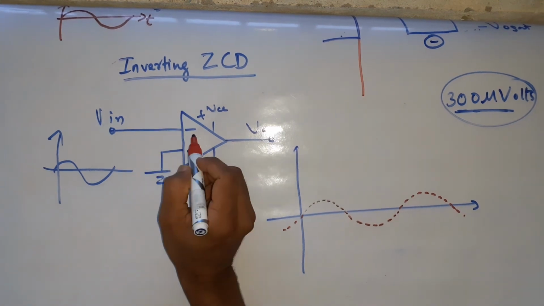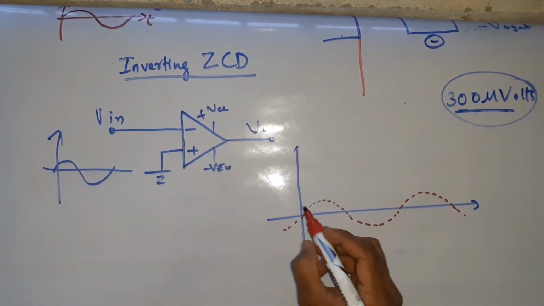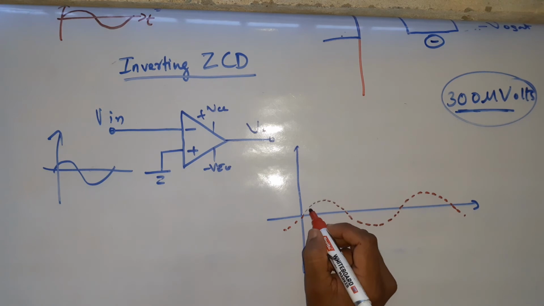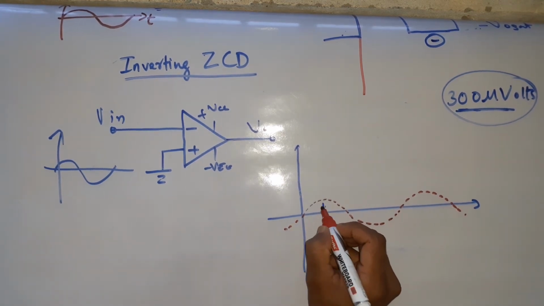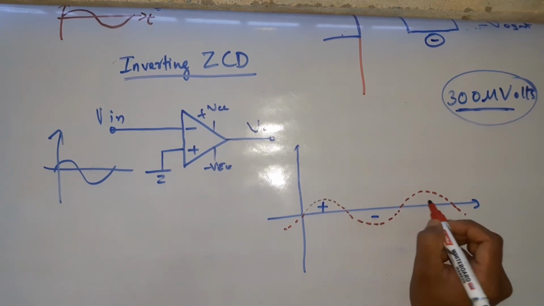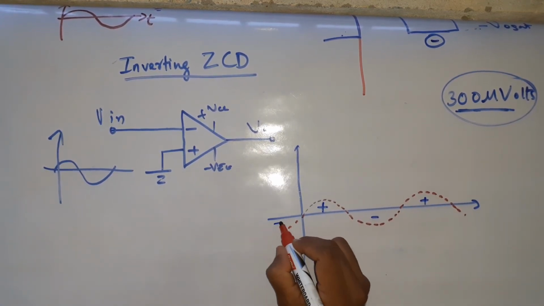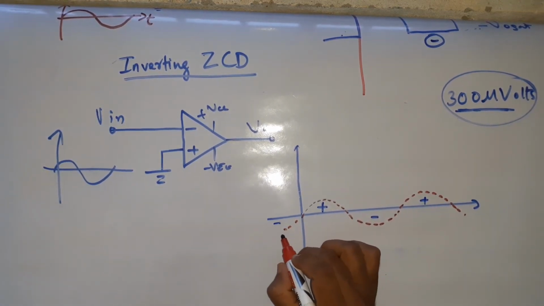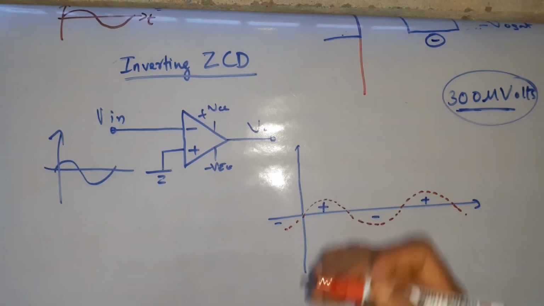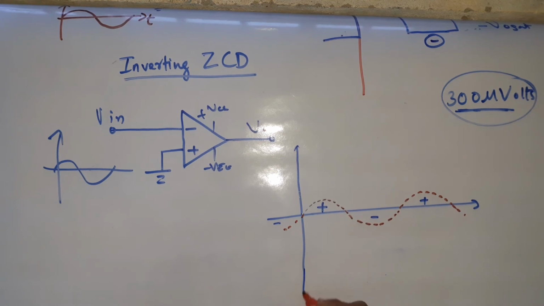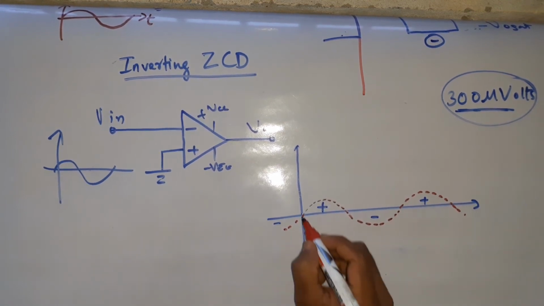See, the input is given to the inverting terminal, which means whenever input crosses the 0 line, that is whenever input goes from negative to positive region, output switches from positive to negative.